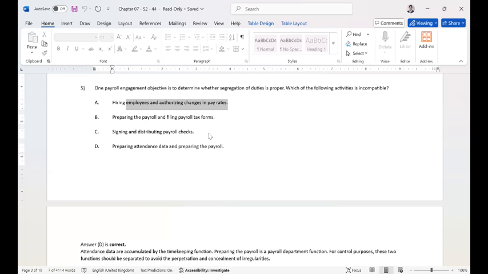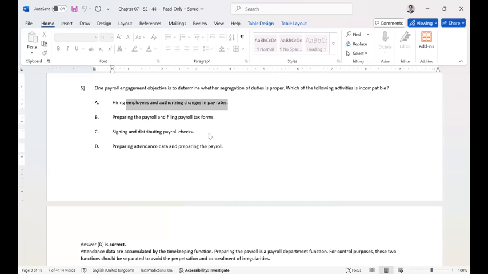HR will sign off on the payrolls and then the CFO might sign off on the total figures, with the payroll cost file, which has the breakup, being sent to the bank directly by the payroll division. Finance does not actually see it. So here what it means is signing, assuming it's a check, signing the check, and distributing the check.